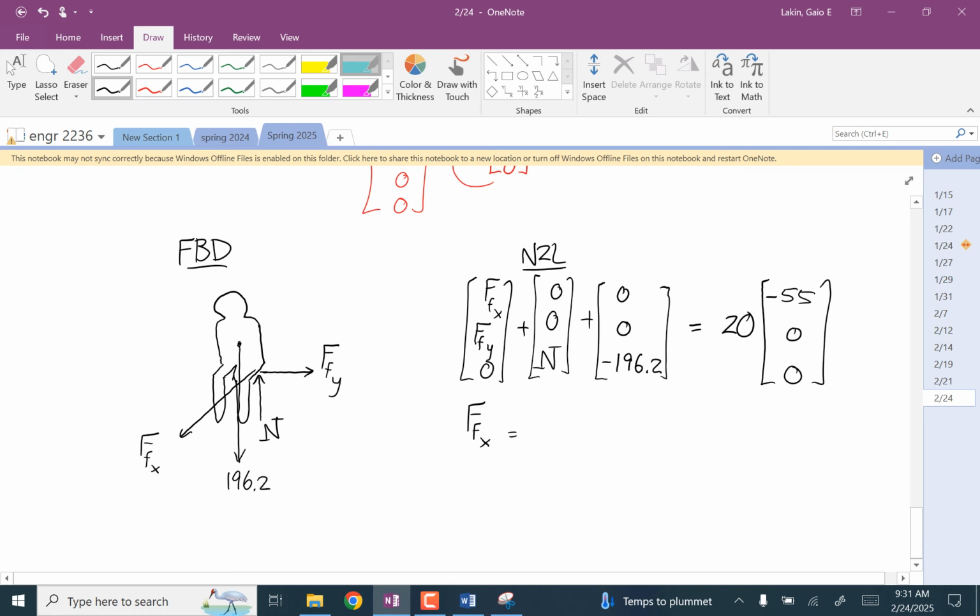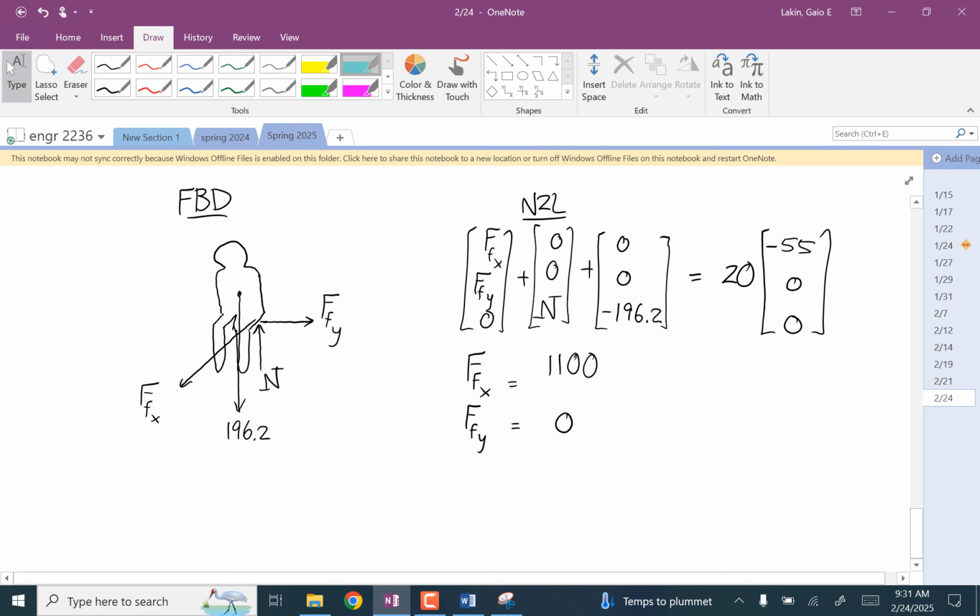Fx is equal to 1100. Fy is equal to 0. And n is equal to 196.2.